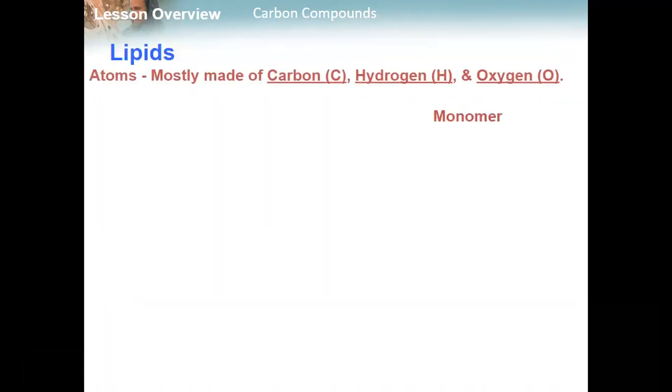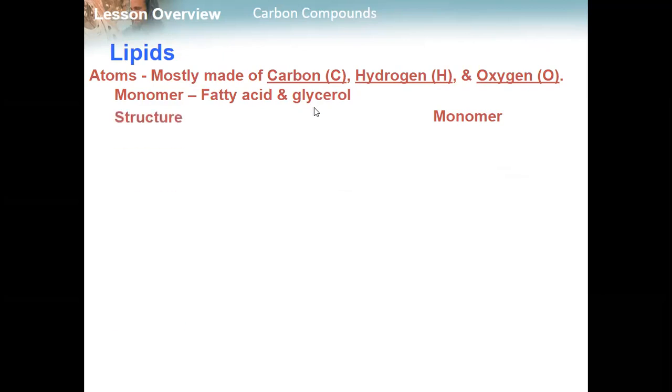Lipids are mostly made out of 3 types of atoms: carbon, which we represent as a capital C, hydrogen with a capital H, and oxygen with a capital O. When we put the carbon, hydrogen, and oxygen atoms together, we make these monomers, like the Lego pieces, of fatty acids and glycerol.